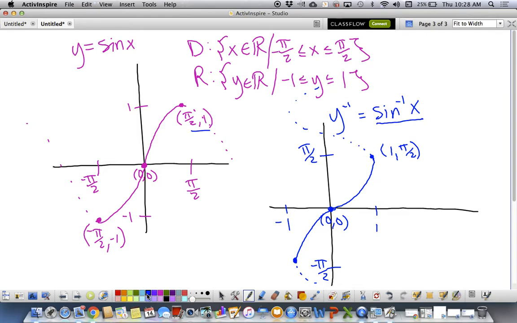Here is our restricted domain, and we came with a range. Can you graph its inverse when we restrict it to be a one-to-one function? The inverse function, what is its domain?